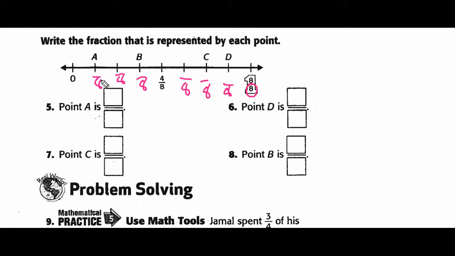So point A, obviously, all of these are going to be 8s. Point A is represented by, from here to here is 1, so it's going to be 1/8. And so forth and so on. I'm going to do 6, 7, 8, and then 9 at the bottom.